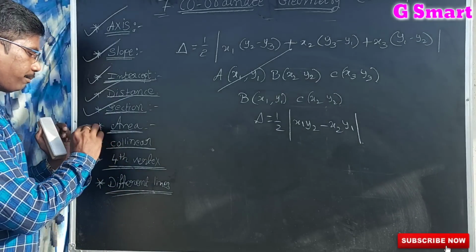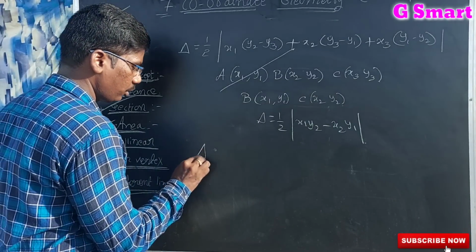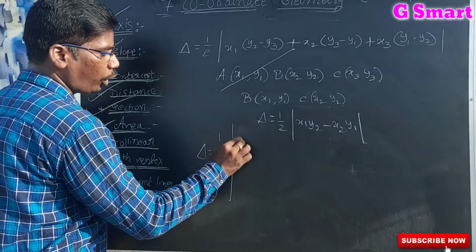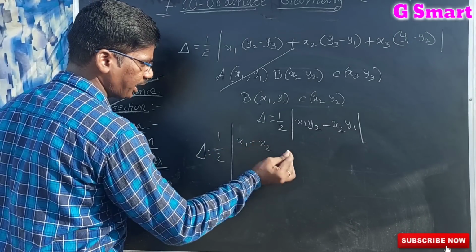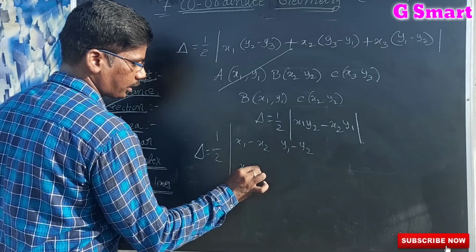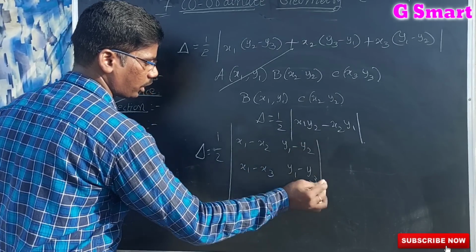Next, in this area only, they will ask the area of the quadrilateral. See, modulus of (x1 minus x2)(y1 minus y2), (x1 minus x3)(y1 minus y3). So this is the formula.